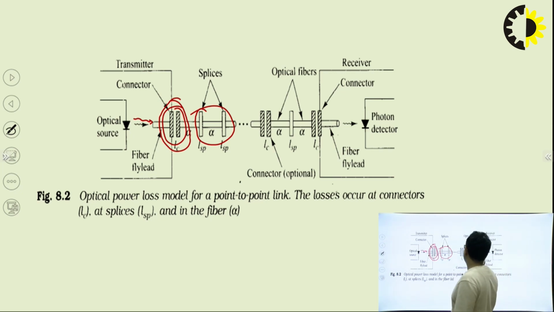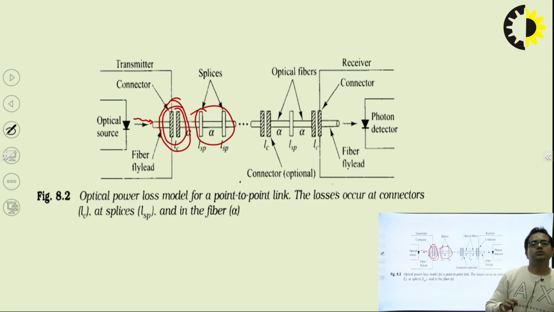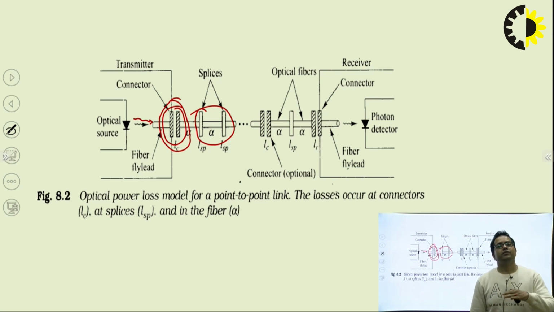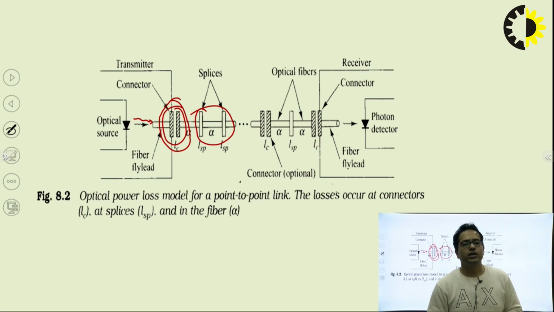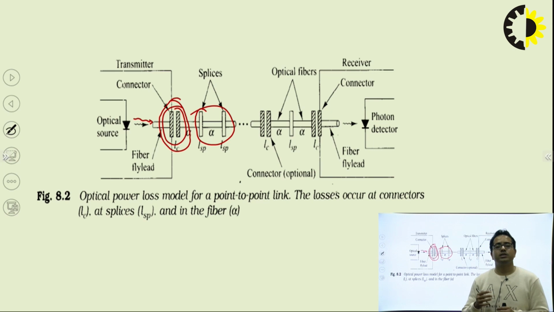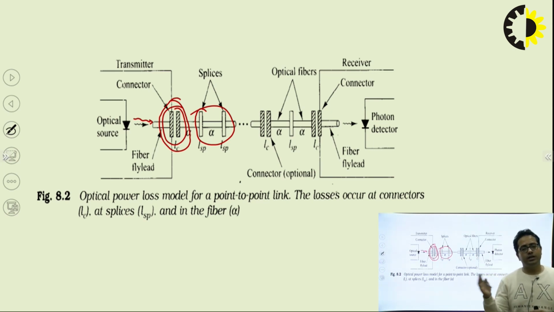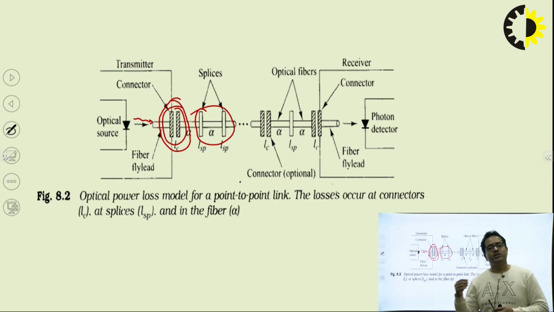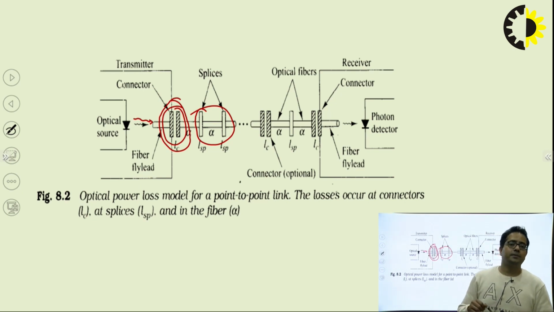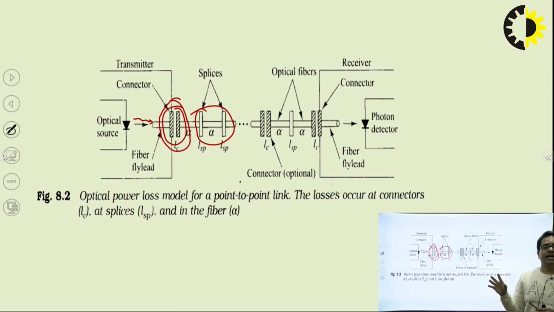Suppose that before connecting to the receiver, you want to do some tests. What is the test? You want to know the strength of the optical signal, or the wavelength that is coming in, right? All these things can be performed.